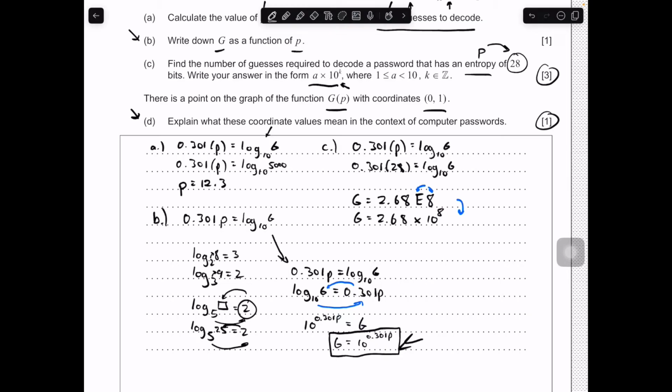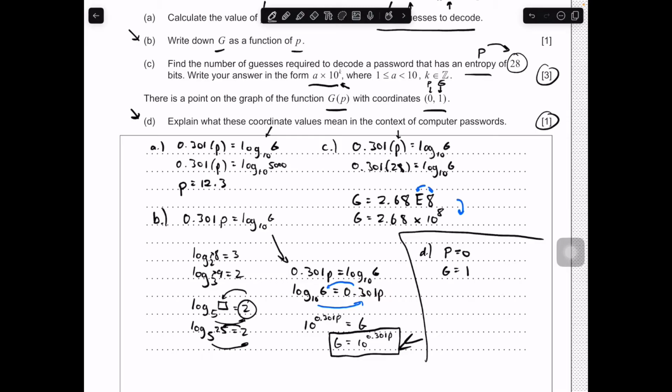So we've got these coordinate points g of p, and we said this p is our input, and this is g, the number of guesses. And so let's write a little space over here and just try to formalize this. So the password entropy is equal to 0, and the number of guesses it took us is 1.